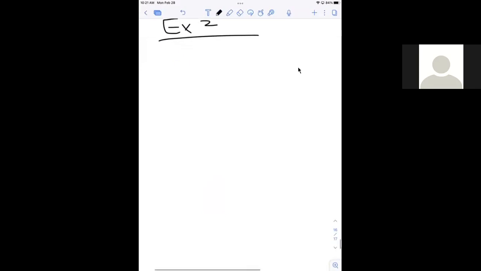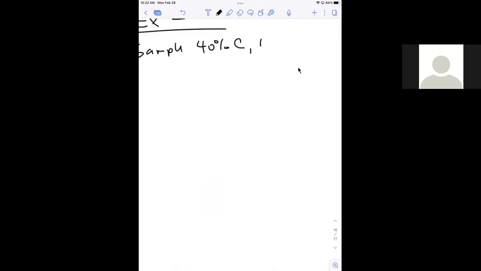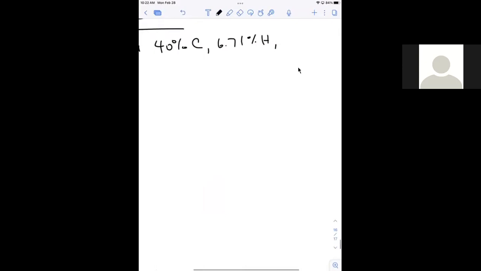So we have a sample that is 40% carbon, 6.71% hydrogen, and then 53.28% oxygen.